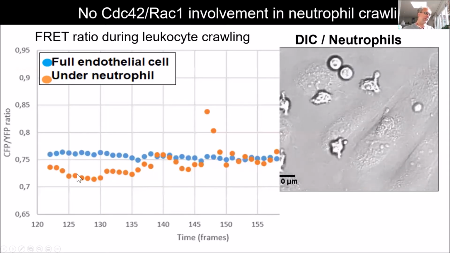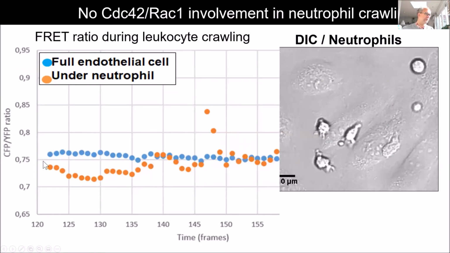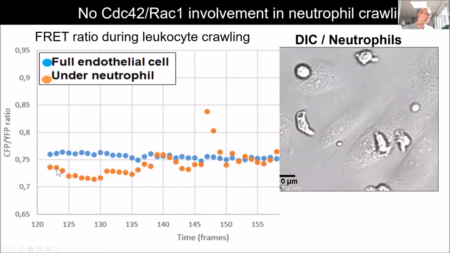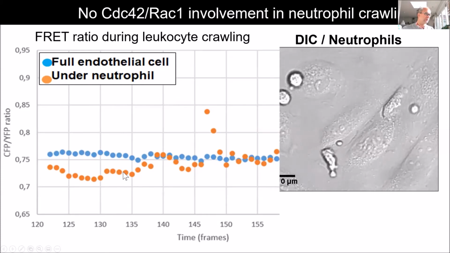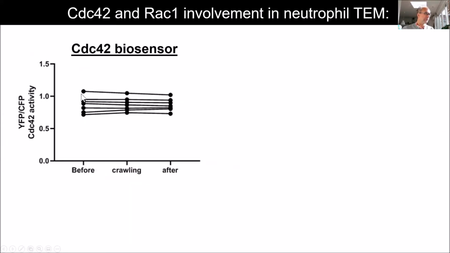So let me explain how we did this in detail. Here the orange dots are basically the areas where we measured the FRET ratios that were exactly underneath the neutrophil, and the blue ones were the FRET ratios of the whole cell. You could see that there's hardly any difference when a neutrophil is crawling over the particular endothelial cell, indicating that before, during, and after the crawling of the neutrophil, there was no increase in CDC42 activity.